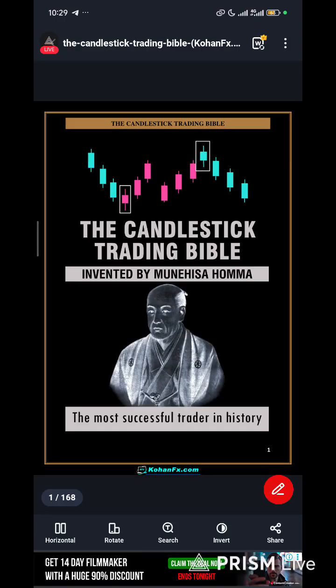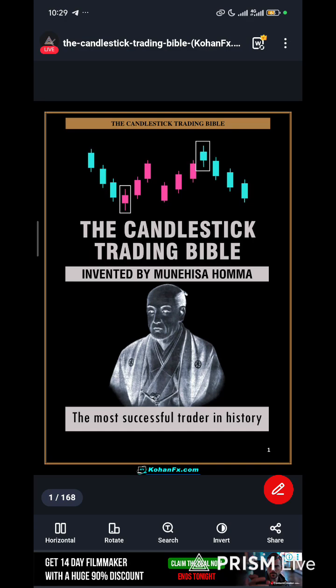Okay, so candlesticks are a reflection of what buyers and sellers are doing in the market. For example, we know that green represents buyers, red represents sellers. It tells you a story of what the market is doing and what the market is telling you, basically what buyers and sellers are actually doing.